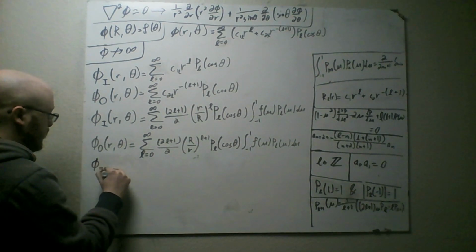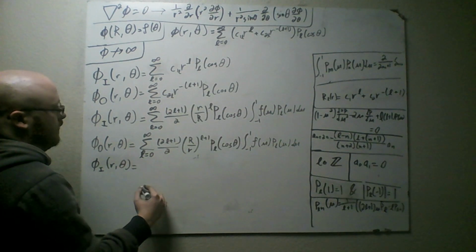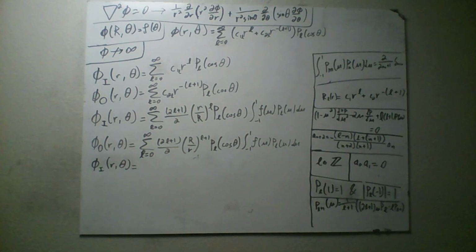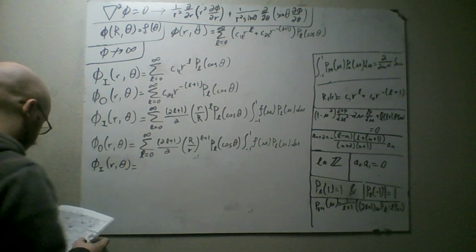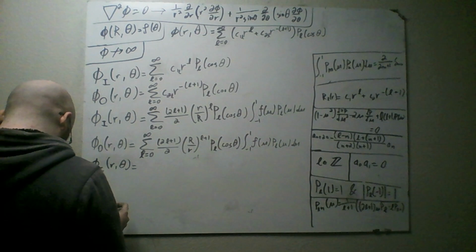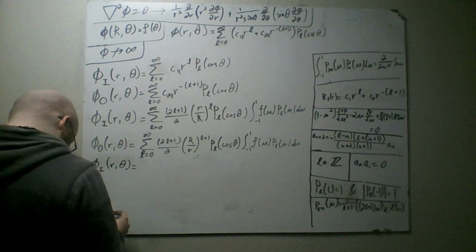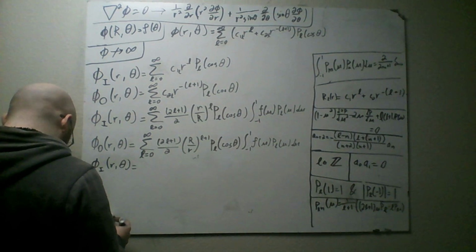If we want to just write out the example in this case, let's just do phi I, r, theta. Is this inside or outside? It doesn't matter. The only thing that changes is this. And you can do different approximations to make it whatever you need it to be.